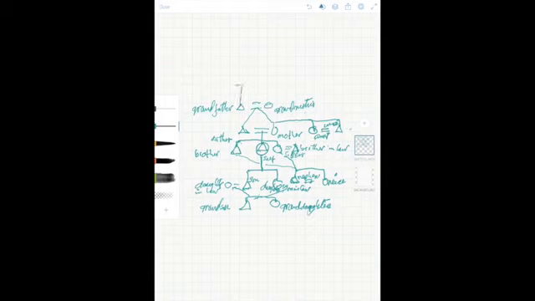Again, we have to have a married couple, male and female, and the female is great-grandmother, and the male is great-grandfather.